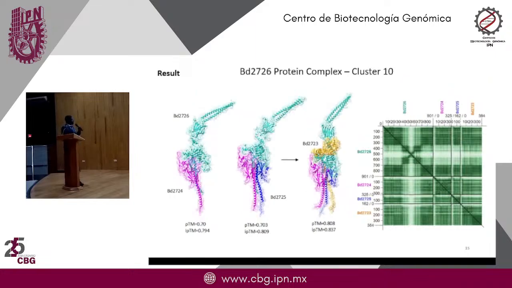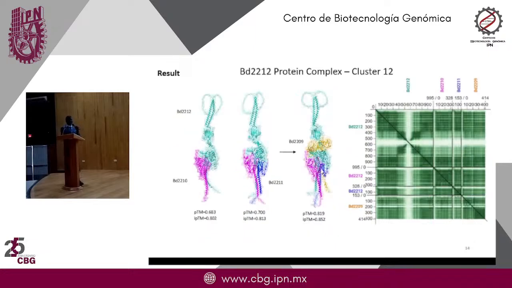Okay, so the next cluster, which was cluster 10, was formed by a similar operon with similar genomic structure. We can see a very similar protein complex in this case.